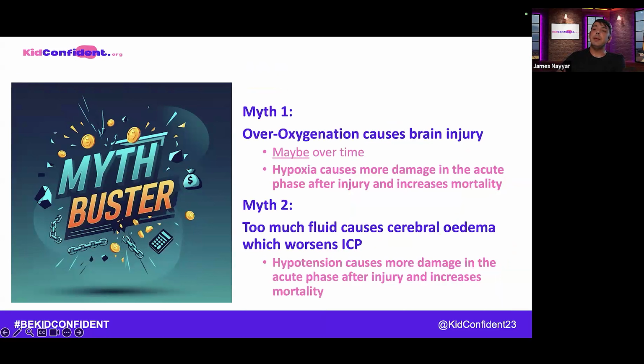Because some clever people often tell me about the risk of excitotoxic injury from hyperoxygenation, and there is, to be fair, some evidence for this from patients that have been in intensive care for a million years. But the point that gets missed is that hypoxia is an independent risk factor for brain death and is a much bigger risk factor than the potential risk of free radical damage, which occurs over time on neuro-intensive care units.